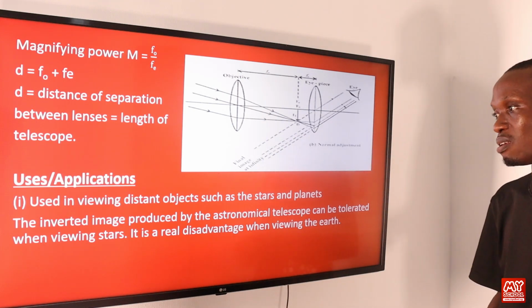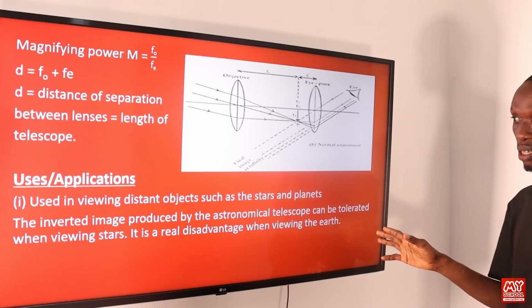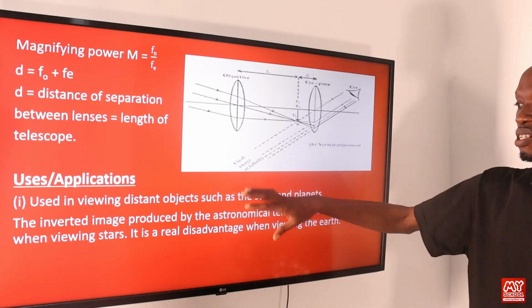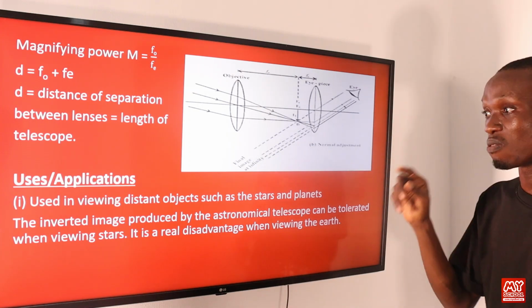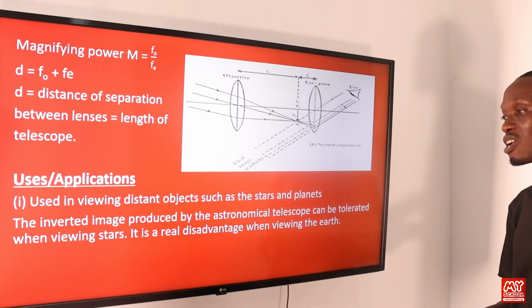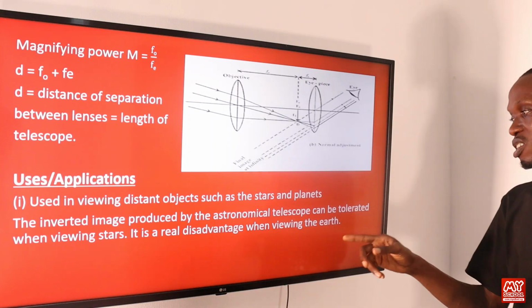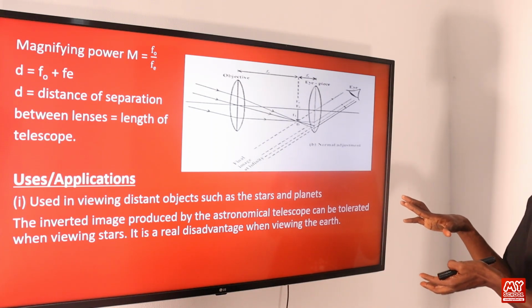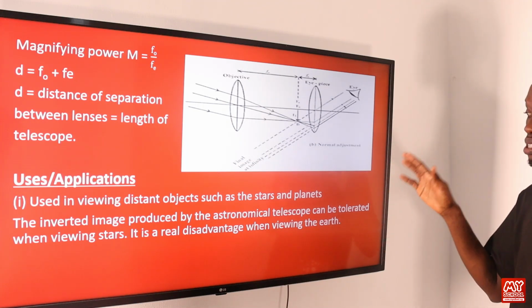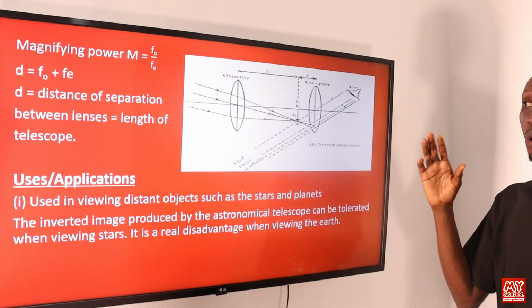The inverted image produced by the astronomical telescope can be tolerated when viewing stars. This is one of the advantages of using the astronomical telescope. However, it is a real disadvantage when viewing the Earth, so you cannot use it as a terrestrial telescope.